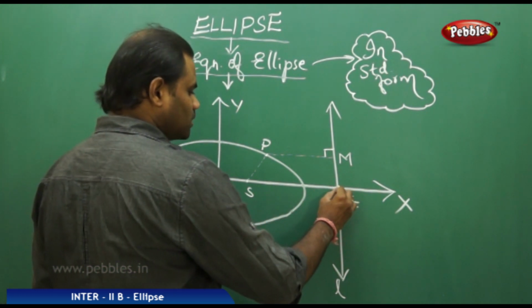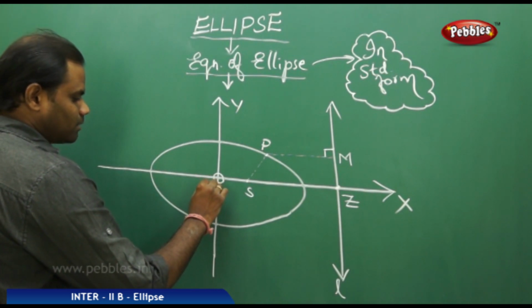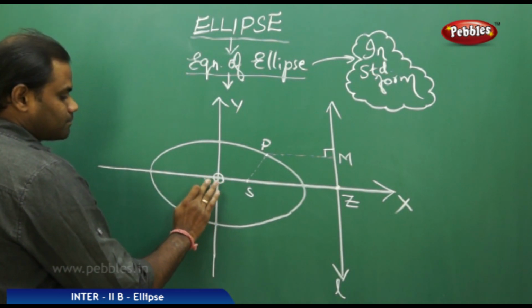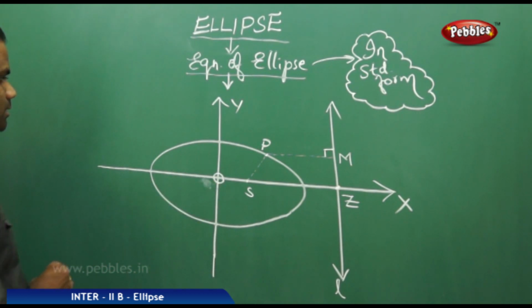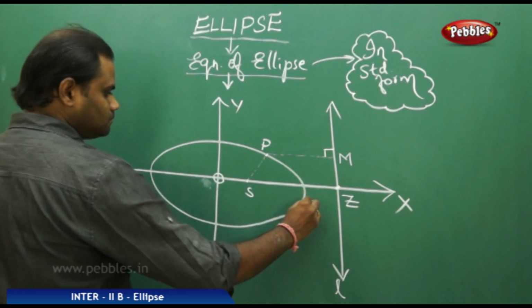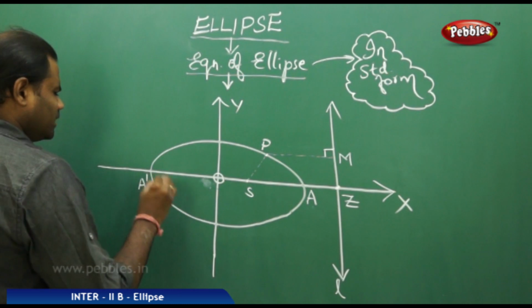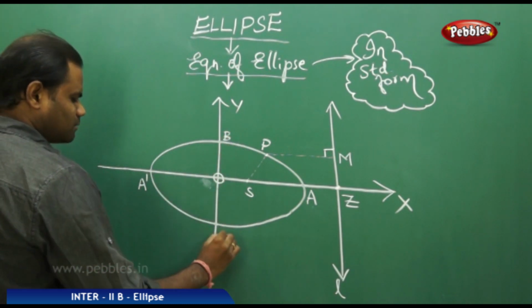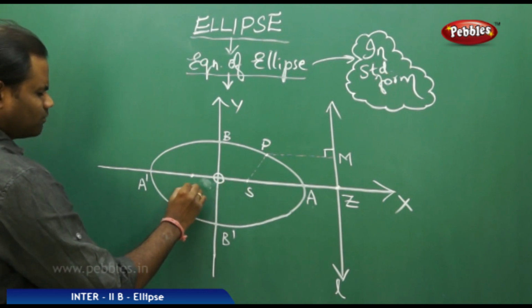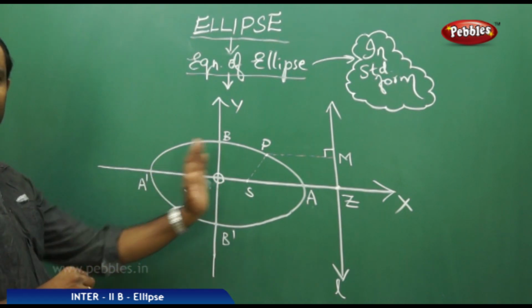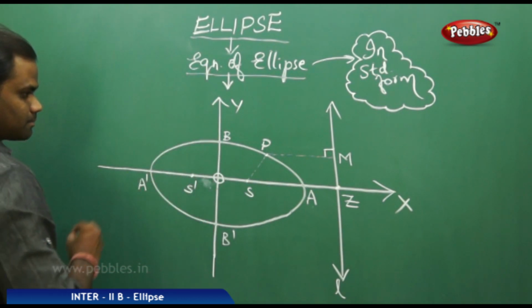So Z is the foot of the perpendicular from the focus to the directrix, and this is the vertex of the ellipse, or this is where the center of the ellipse is, and I have A dash, and this is B dash. Now corresponding to this focus, I have a focus on the left which is S dash, which is the image or reflection of S with respect to the y-axis.